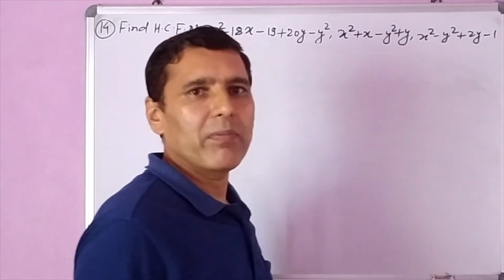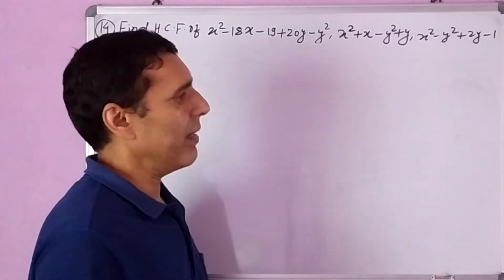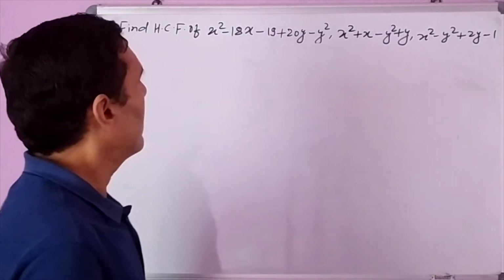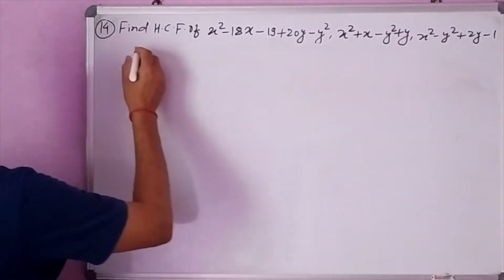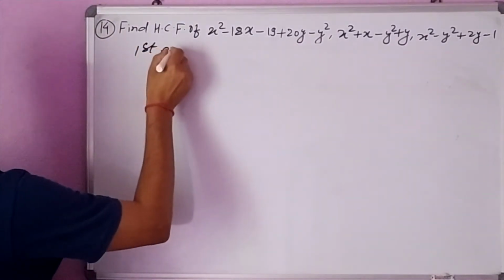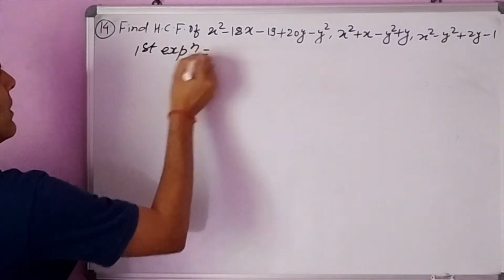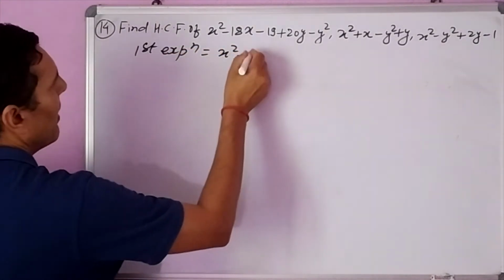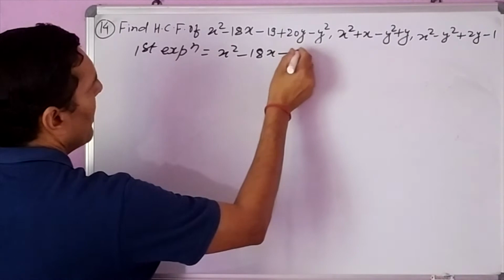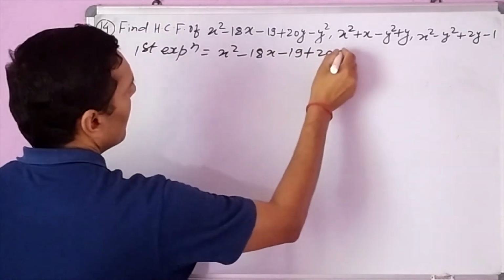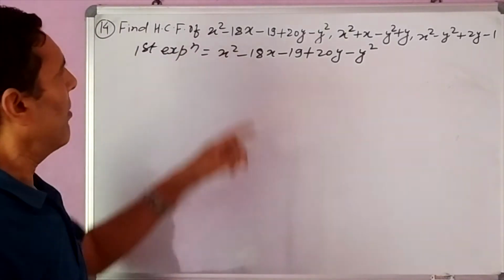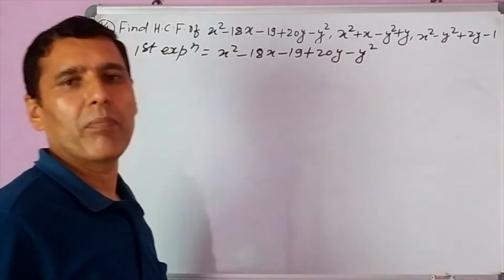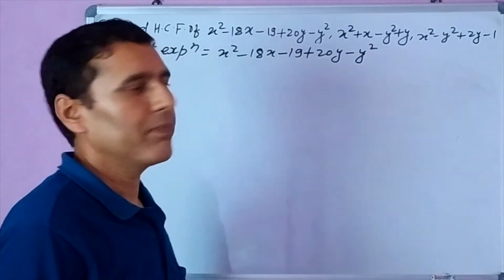To find the HCF of these expressions, we factorize them one by one. So let's start from the first expression: x square minus 18x minus 19 plus 20y minus y square. Now there are 1, 2, 3, 4, 5 terms in this expression.